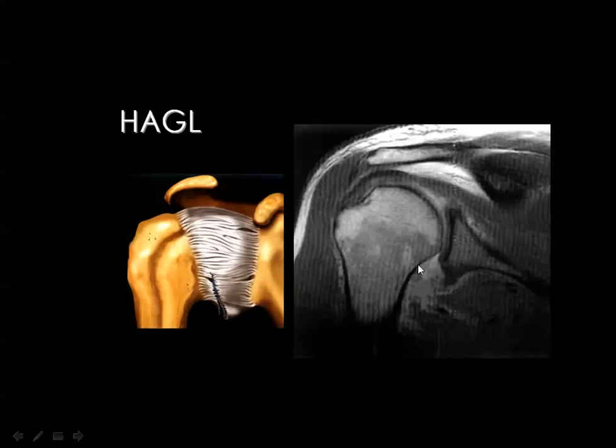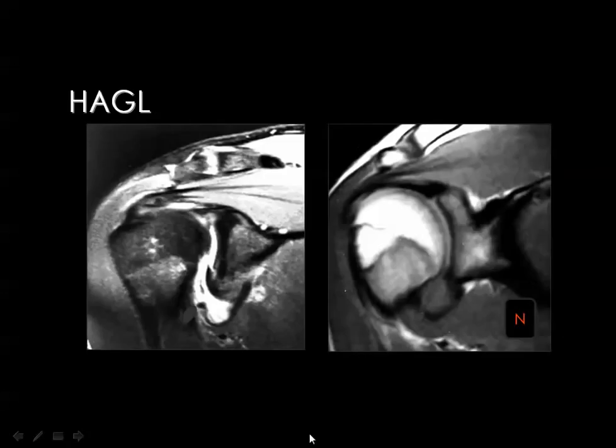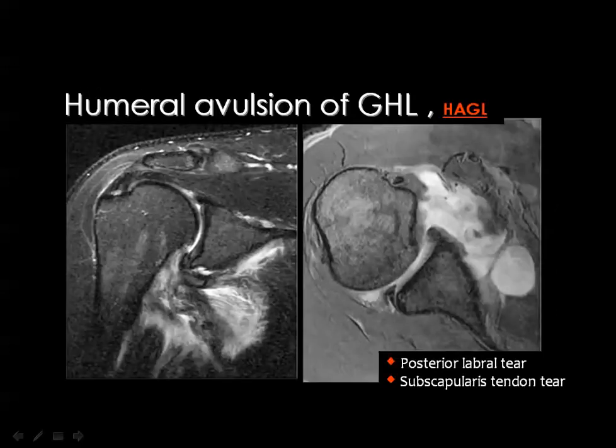Then you can see here, this is an injury. You cannot see the inferior glenohumeral ligament, and if the joint contains fluid, you will see the fluid coming from the axillary pouch into the soft tissues in the axilla. This is the normal appearance of the inferior glenohumeral ligament, and this is the rupture of the inferior glenohumeral ligament from its humeral attachment. This is the J configuration, and you can see the site of the tear of the ligament.